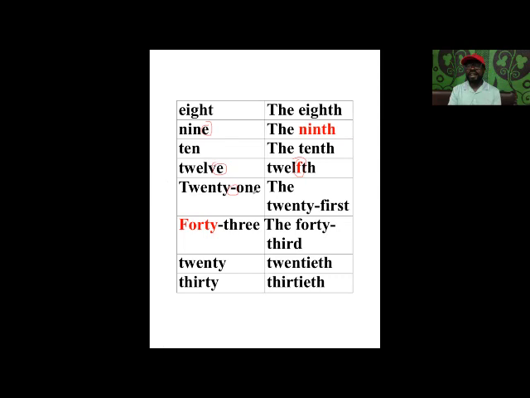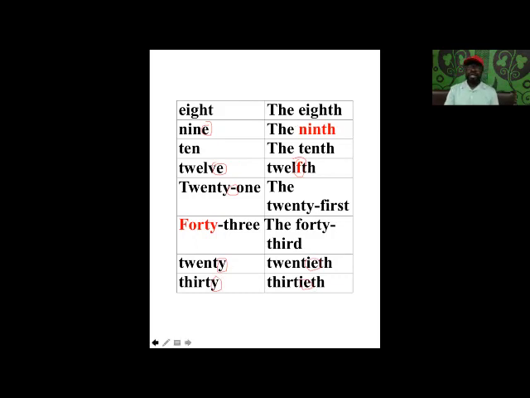The 21st, 1 changes to first. 40, the 43rd. 20, 20th. I want you to see that Y changes to IE. 30, 30th.